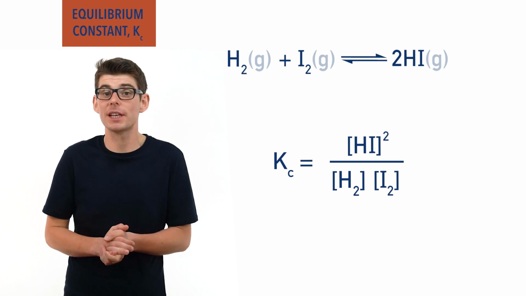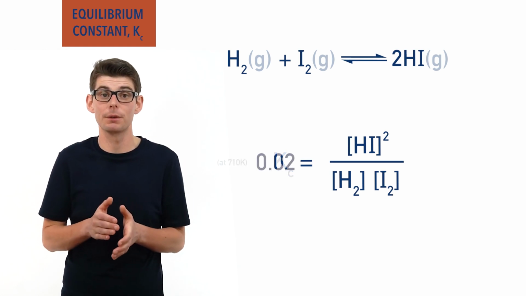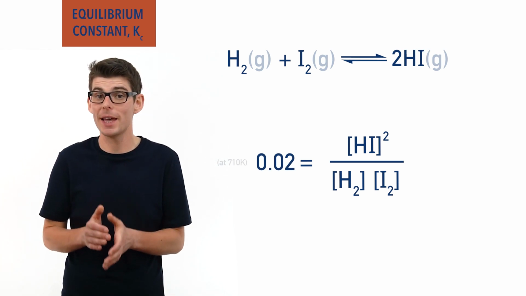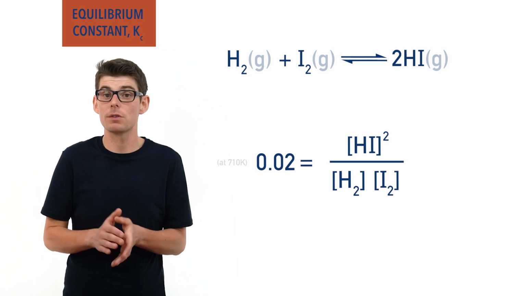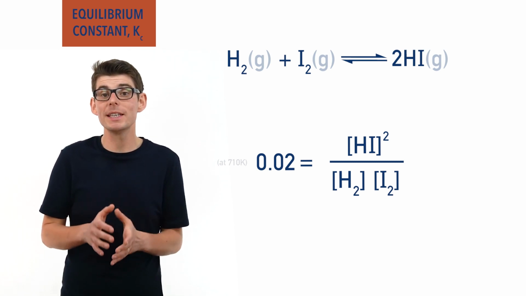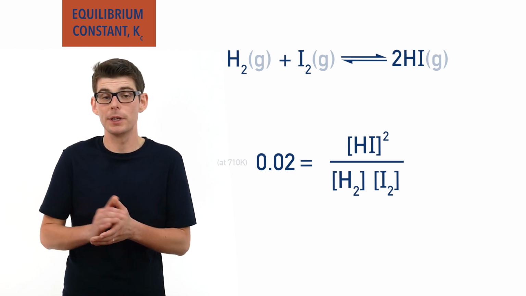At 710 Kelvin, for example, the value of Kc is 0.02. This means the concentration of HI squared divided by the concentrations of H2 and I2 times together must always equal 0.02 if the system is at equilibrium.